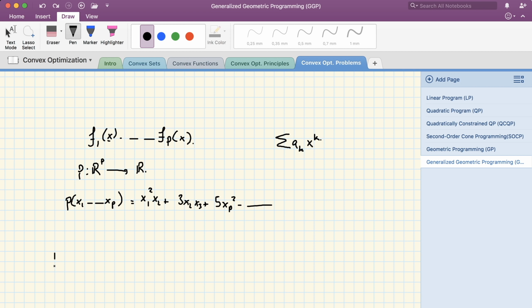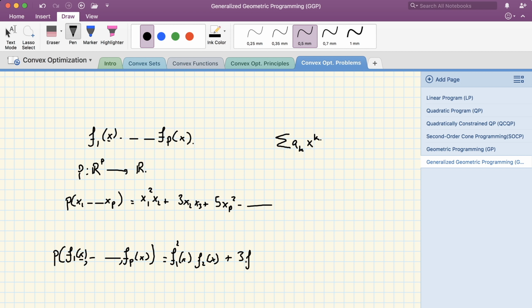So if you pass polynomials as arguments to a polynomial, so let's put here f_1(x) down to f_p(x) as arguments, right? So in this simple example, we will have f_1(x) squared f_2(x) plus 3 f_2(x) f_3(x) plus 5 f_p(x) squared, and so on.